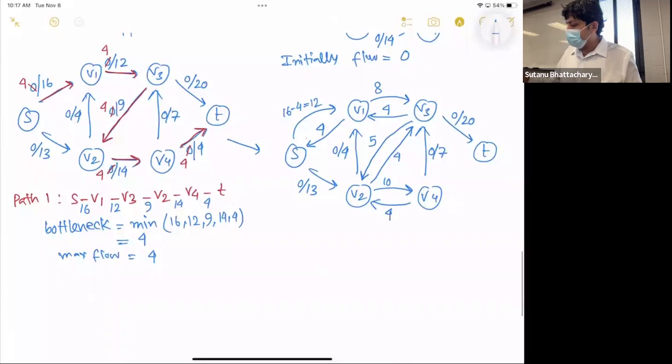That is 4. Now, V4 to T, what is the forward edge? 0. Please note, pay attention here. V4 to T, the forward edge is 0, means there is no capacity left. It is fully occupied. So only back edge would be there, no forward edge, and back edge would be 4.